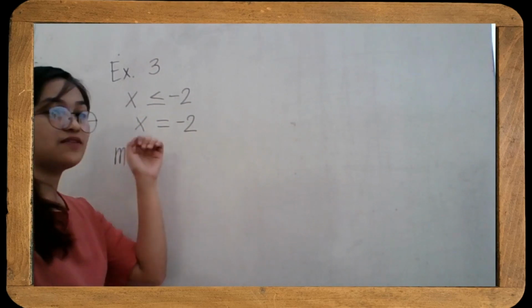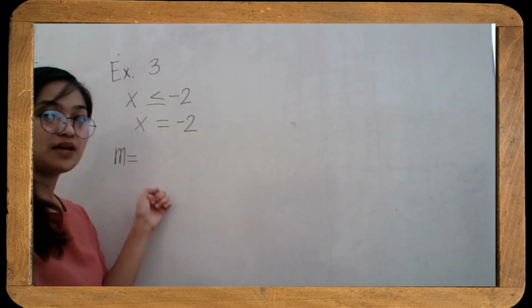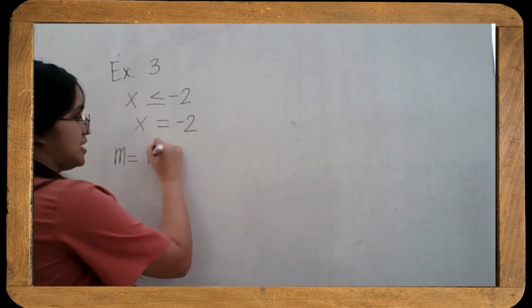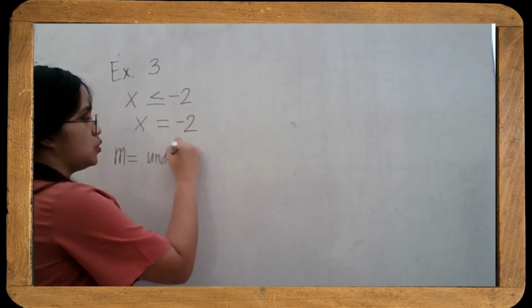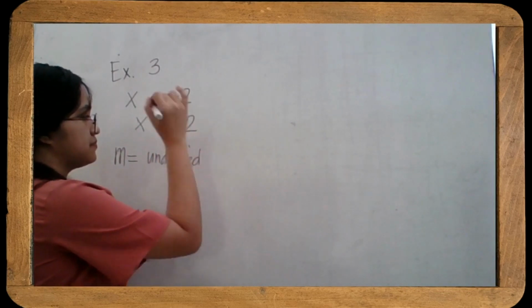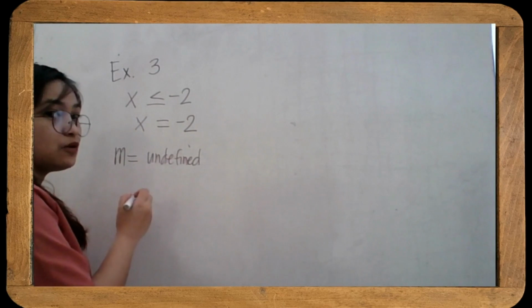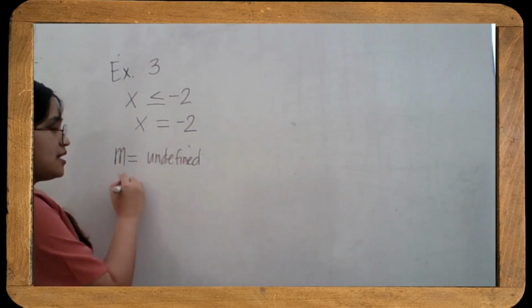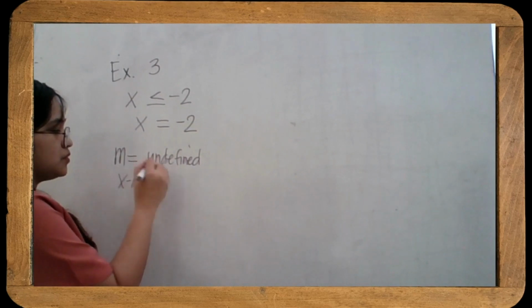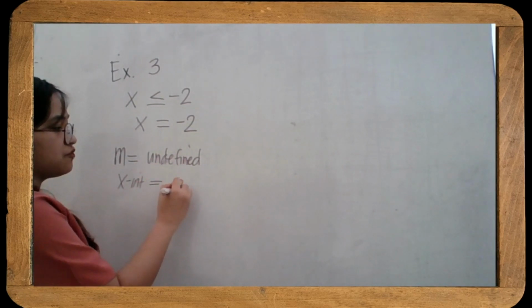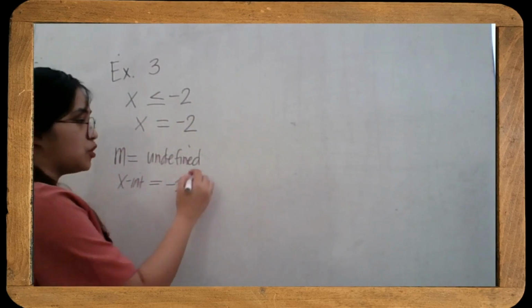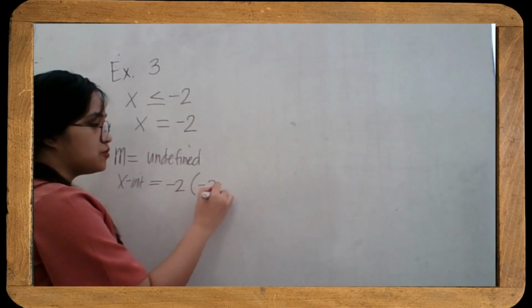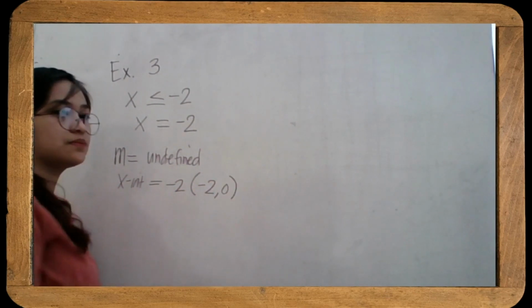Ngayon naman, given si x-intercept, so the slope is undefined. Always remember for this. And then, wala tayong y-intercept. So, ibig sabihin, we have x-intercept, which is equal to negative 2. And then, the point would be (-2, 0).